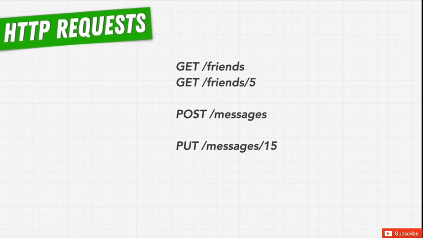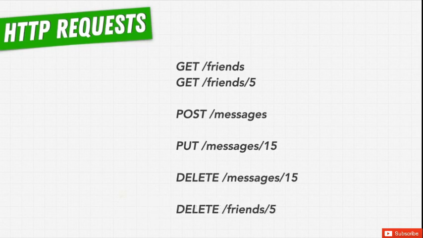We might decide that we're no longer happy with our message and want to delete it. Or maybe someone is unlucky enough that you want to remove them as a friend. These are all possible HTTP requests.